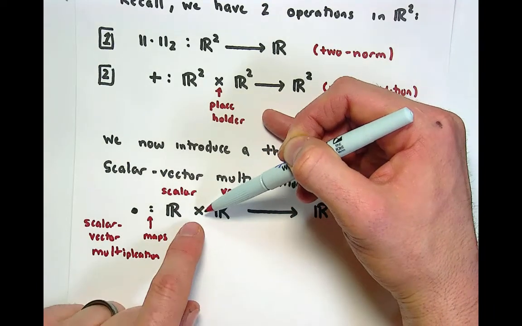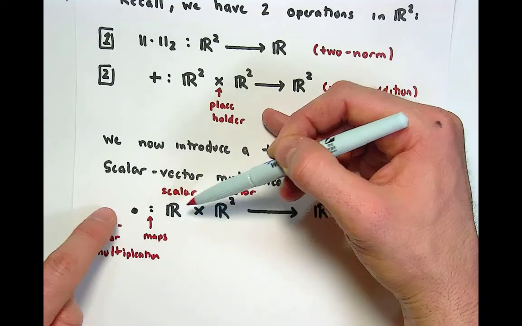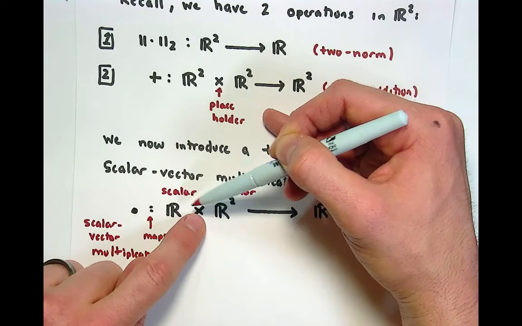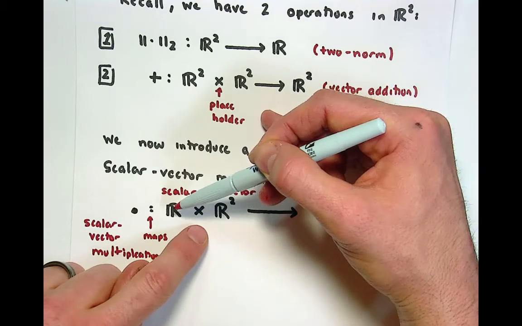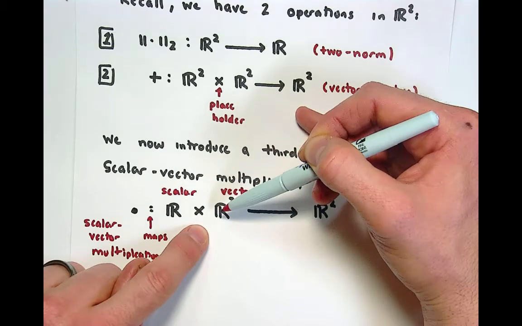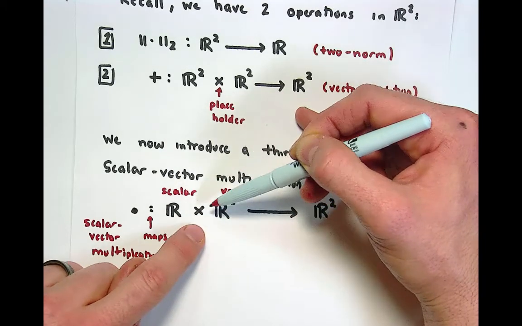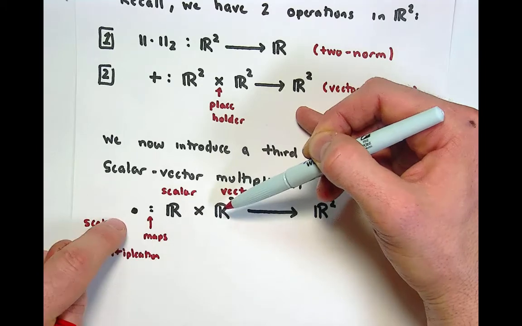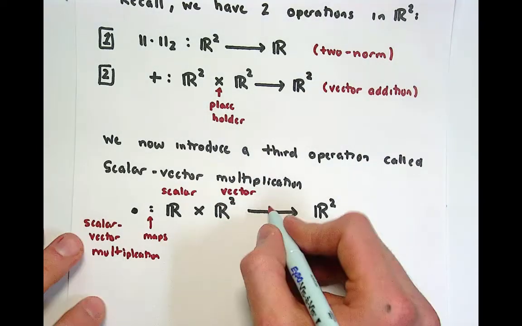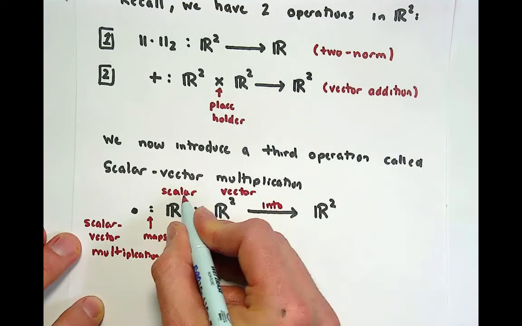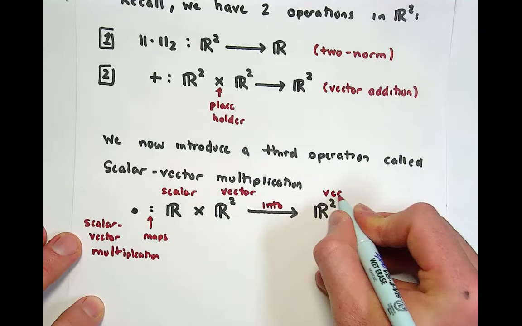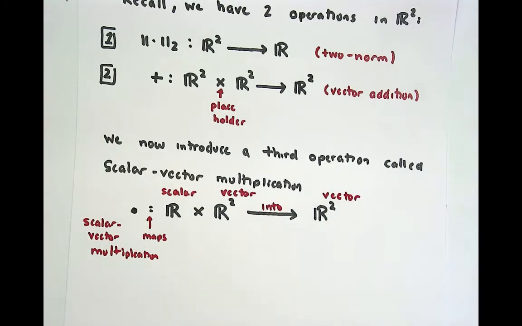The x is kind of saying, hey, listen, the operation is going to go in between, and then on the left, this is the type of thing that's going to be on the left. On the right, this is the type of thing that's going to be on the right. The x says this is going to be a binary operation. Once we multiply a scalar by a vector, we're going to produce a vector.